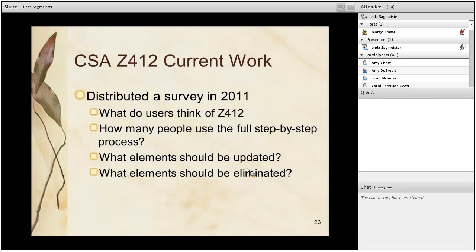So they wanted to know what people think of the Z412 standard as it is now, get an idea of how many people actually use this step-by-step process, and what elements they thought should be updated or eliminated because of the changes. And the most interesting question was, do people actually use the standard the way it was intended to be used?